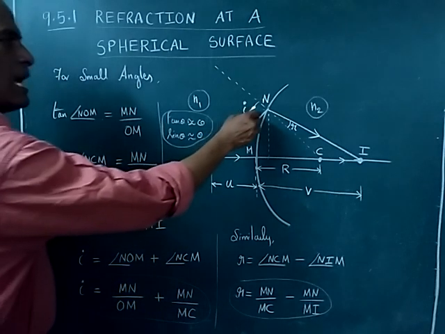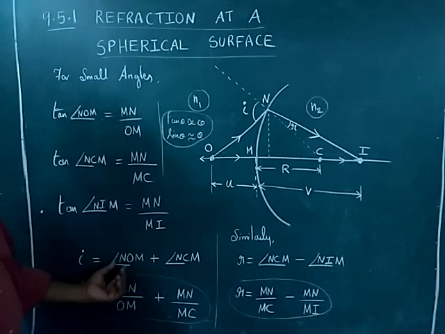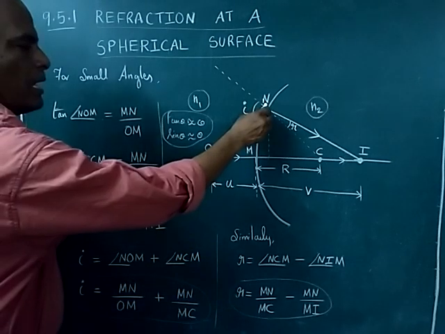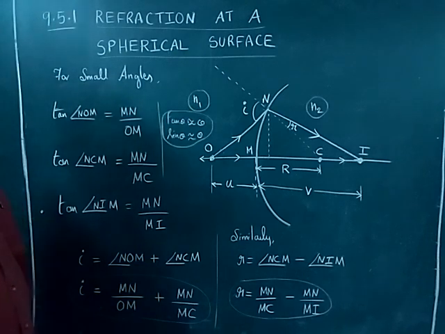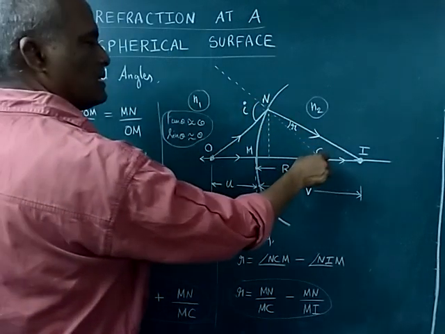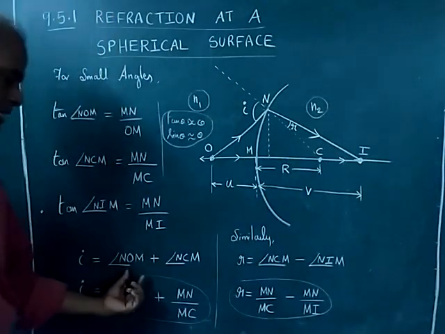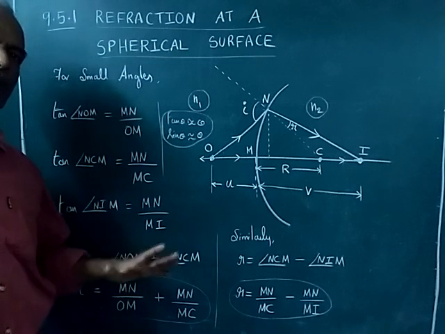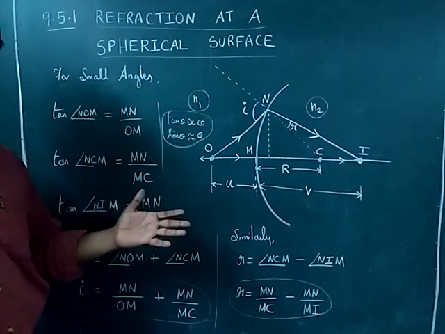Now this angle I is equal to angle NOM, this angle, plus angle NCM, that is this angle. So we got this relation. That proof alone we will see at the end of the derivation.